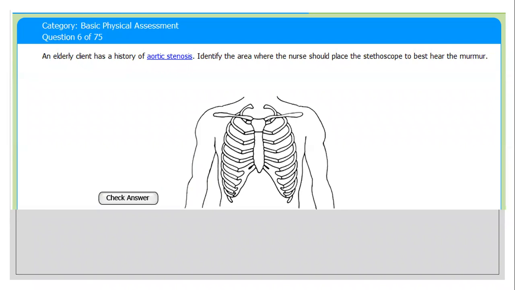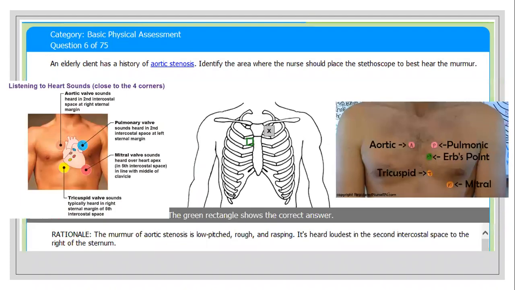At the same time, I'm going to show you the picture: pulmonary area, tricuspid and mitral areas. The aortic area is in the second intercostal space to the right, and the second intercostal space at the left border is the pulmonary area in this picture.